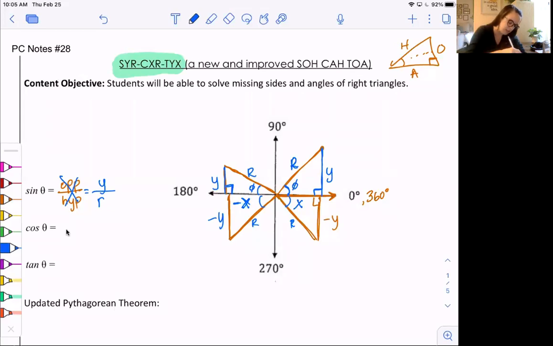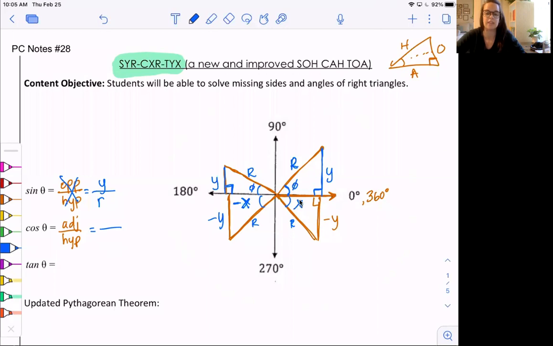Well, cosine used to be adjacent over hypotenuse. What is it going to be now? What is going to be our grown-up way of talking about it? What is our adjacent here? Yeah, our adjacent is x.